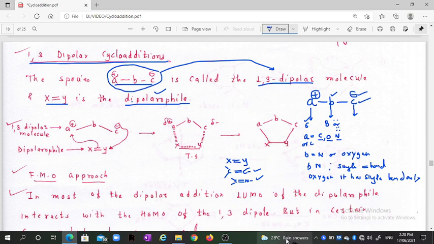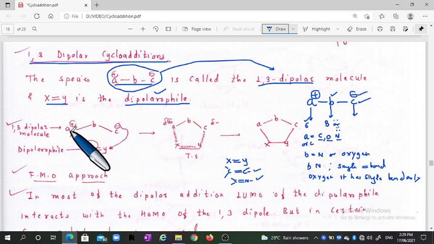The actual mechanism we have shown here, 1,3 dipolar species attacks on the dipolarophile species, and this addition is similar to the Diels-Alder reaction. Therefore, it is a stereospecific syn addition reaction. This 1,3 dipolar molecule is added to the dipolarophile with the syn addition. Such type of transition state we have shown.